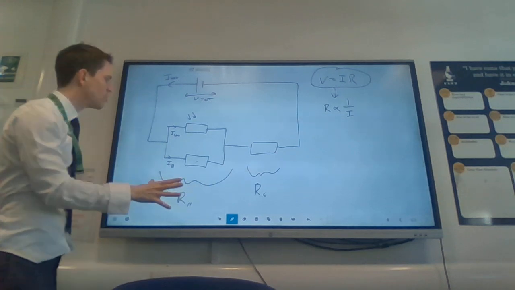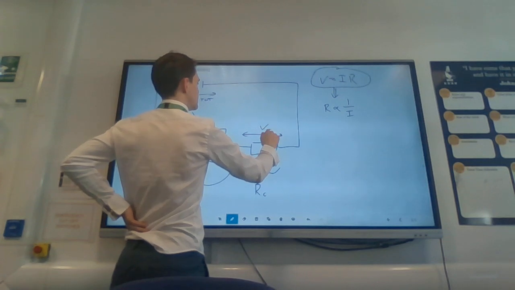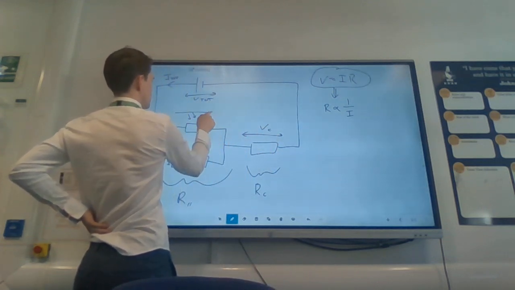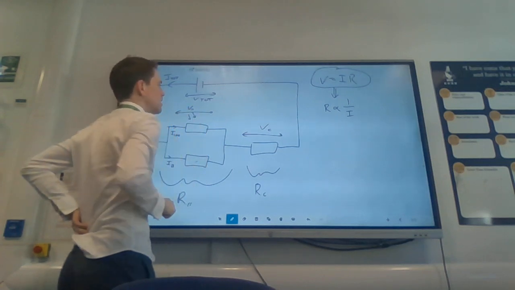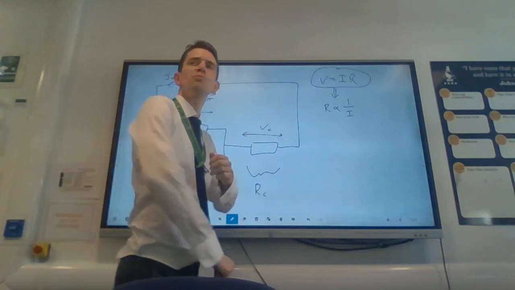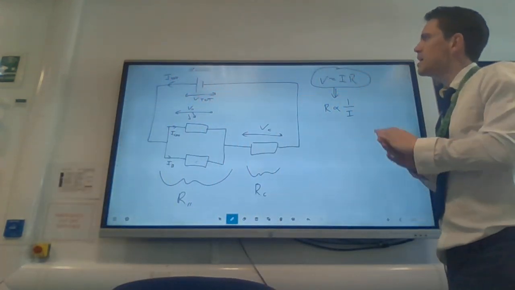So now I'm aware that there's some stuff. I'm going to call this thing VC, and I'm going to call this thing V parallel. Once I've labelled that, the question becomes so much easier. You're much more likely to start getting things right.